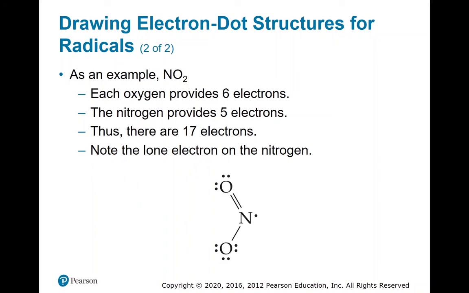So you can take a lone pair from one of the oxygens and turn it into a second bonding pair between your nitrogen and oxygen, and you end up with the structure that you see here, where we have a nitrogen-oxygen double bond. That oxygen has 2 lone pairs around it, a nitrogen-oxygen single bond, and that oxygen will have 3 lone pairs on it, and just 1 electron around our nitrogen atom. So this is a free radical since we have an unpaired electron around our nitrogen.